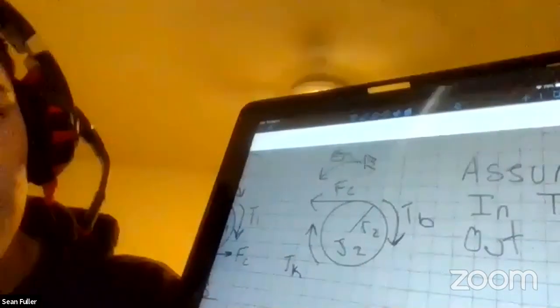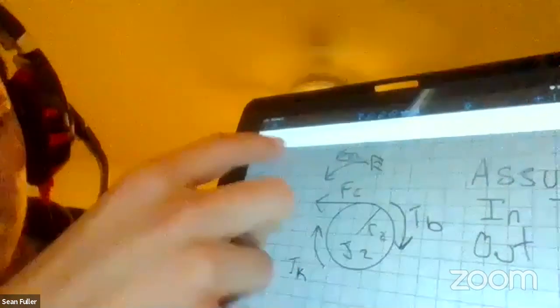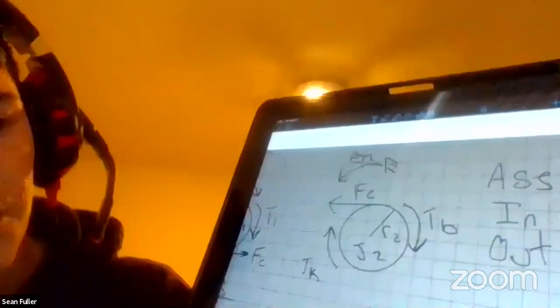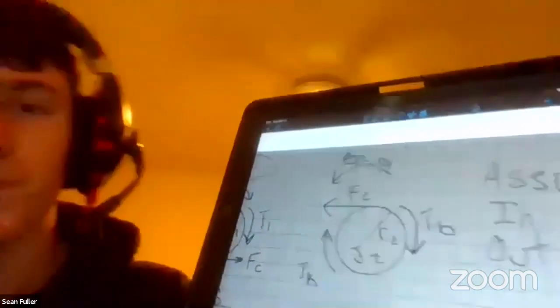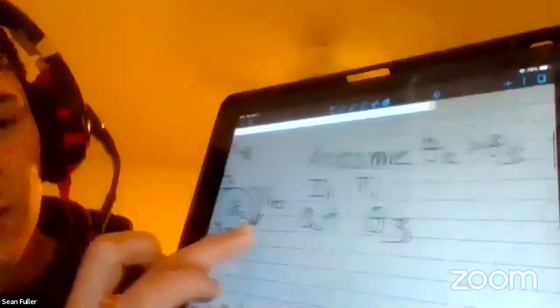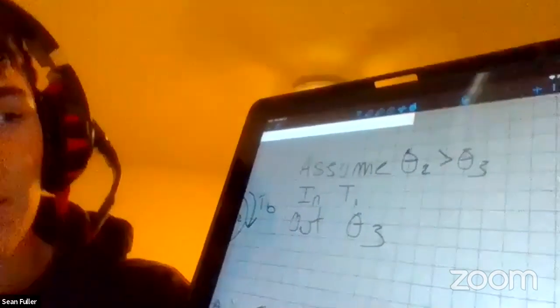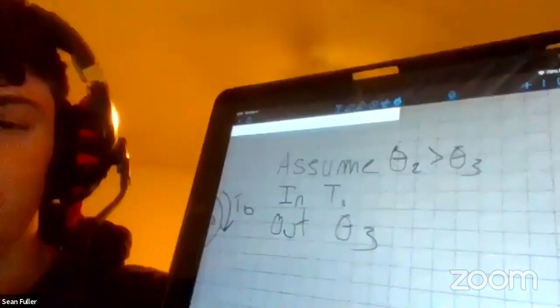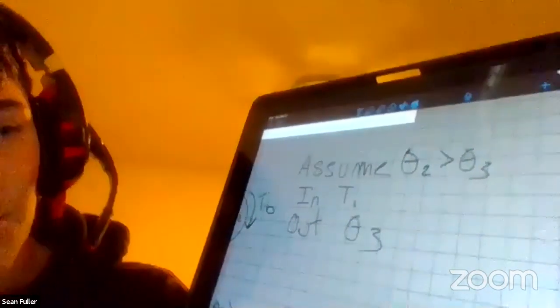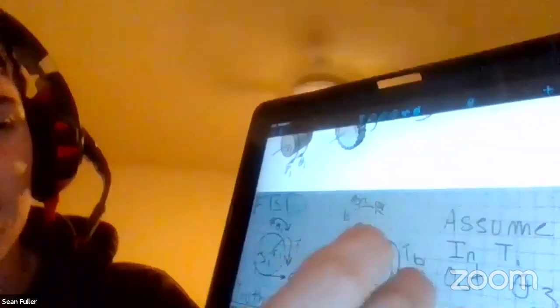And then J2 had the TB, the force of contact, and then the force of the spring with the radius 2. I assumed that theta 2 was going to be greater than theta 3. And my input was T1. On your free body diagram, I was going to ask you that. I don't have theta 3 on here. I wasn't sure where that would go.